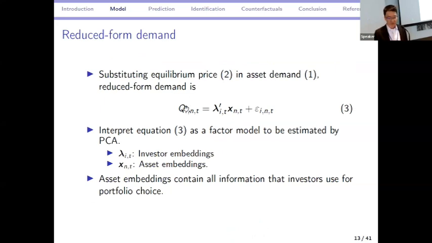So portfolios depend only on supply and characteristics, this vector x, and lambda i is a sensitivity to those characteristics. So the reduced form doesn't have a price. It has a factor structure, lambda i, investor, times x n, asset. And this is what you can estimate by principal component analysis. What we call investor embeddings are the lambdas, and what we call the asset embeddings are the x's.